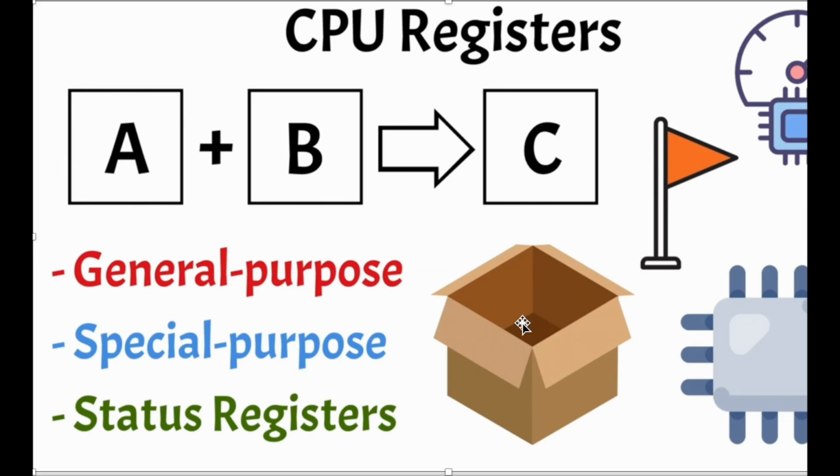It's holding these instructions. Let's say we took a look at the different kinds of registers. Each type of register serves a specific purpose. A general purpose register can hold data for different operations.